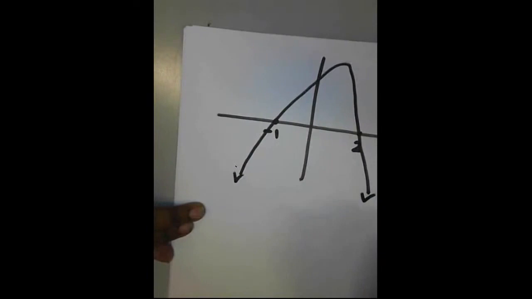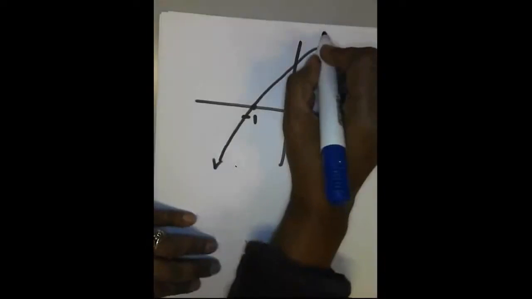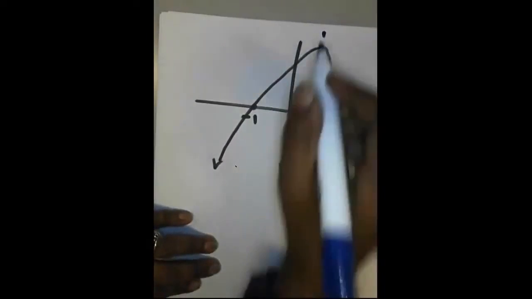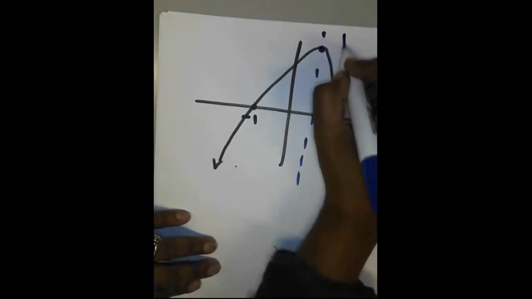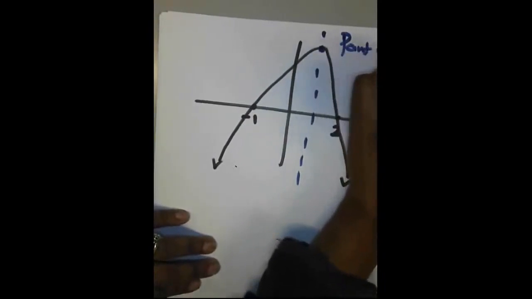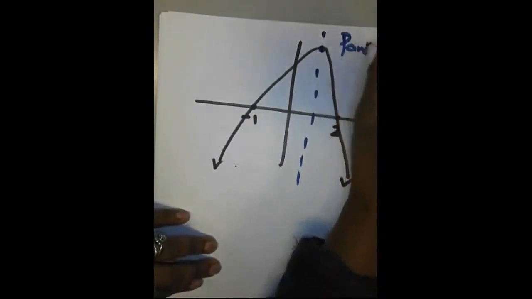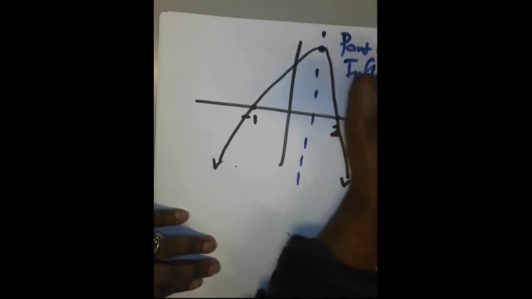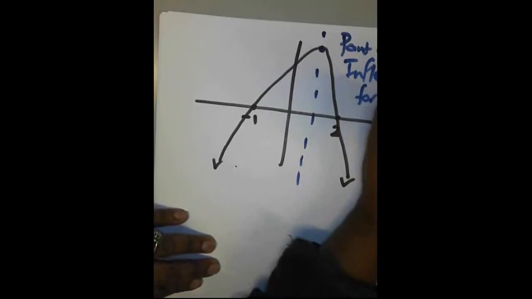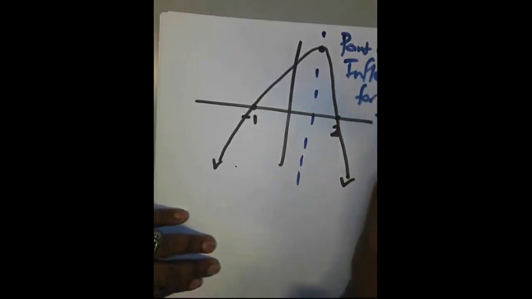Here's my graph. Right. Now, as I said to you earlier, the point of inflection is the same as the turning point. This is the point of inflection for my second derivative, g(x), right?